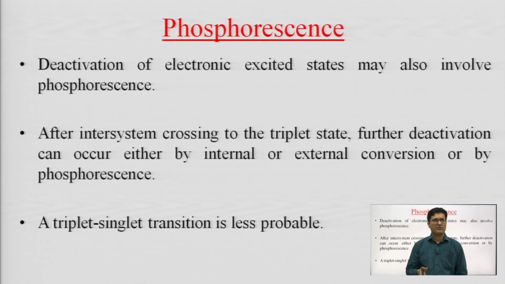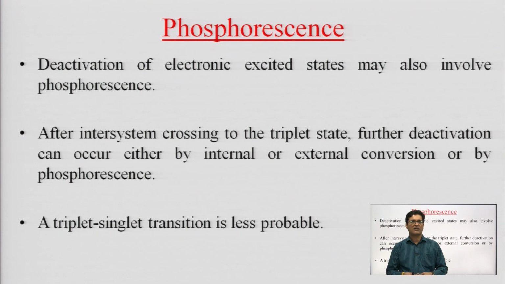This is the last process, deactivation by phosphorescence. After coming to the excited triplet state, further deactivation can take place by internal conversion, by external conversion, or by phosphorescence. A triplet to singlet transition is less probable, so from the triplet state it cannot go back to the singlet state.